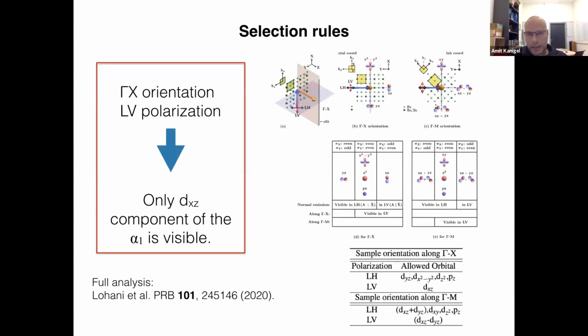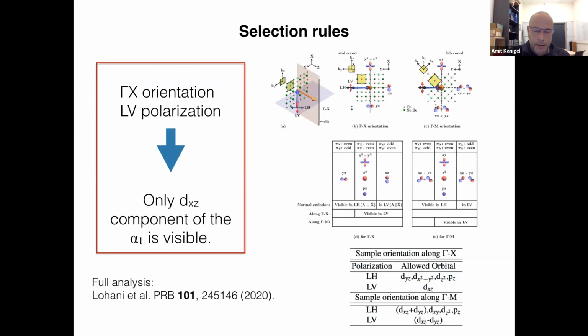Okay, so this is a summary of the selection rules for this symmetry. This is quite involved. So for the purpose of this talk and this experiment, we are measuring along the gamma-X orientation of the crystal, and we use linear vertical polarization.